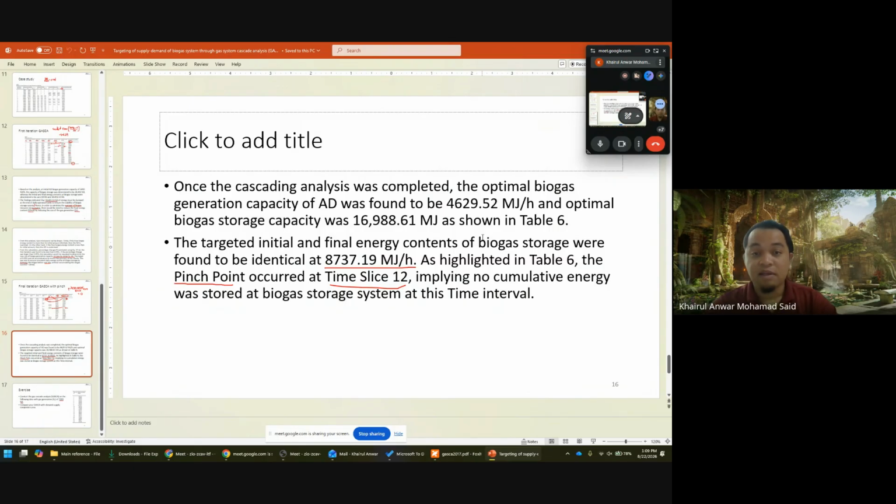On the targeted initial final energy content, the value estimated in the recipe is 727. The pinch point, worked out in the first initial iteration, is 508.